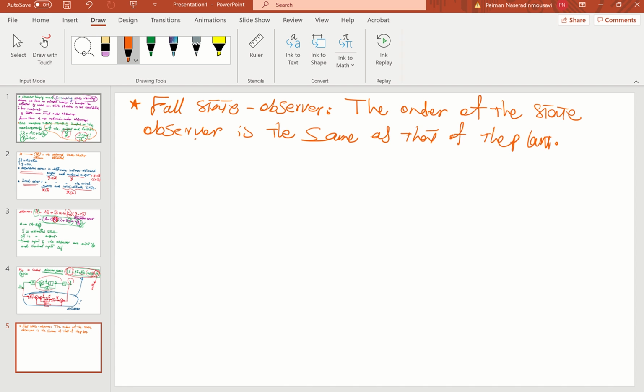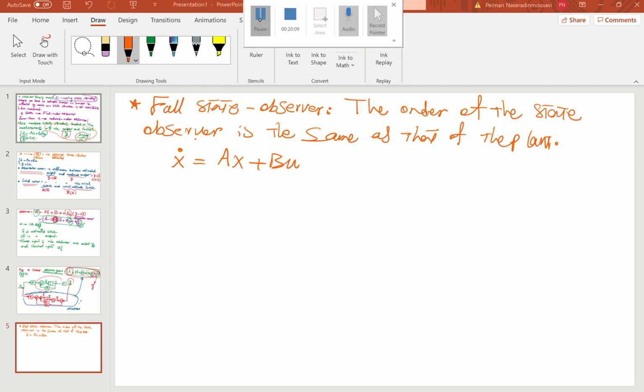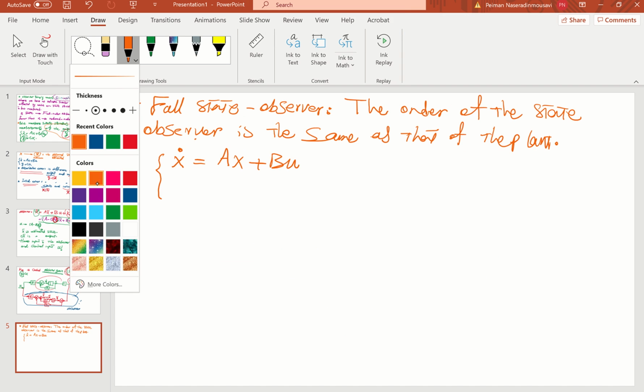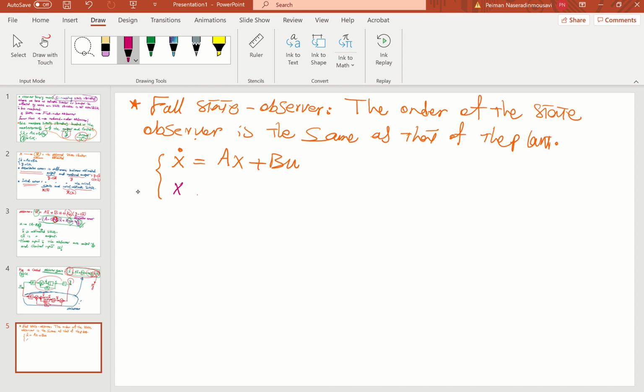Understand? So if you write x dot is equal to Ax plus Bu, equation number 1, and now you say, I cannot measure it, so let us do it by observer. You're going to say x hat dot is A x hat, which we don't know, we are estimating, plus Bu, plus, as I said previously, this weighting term KE (y minus Cx hat), but y we know is Cx, equation number 2.